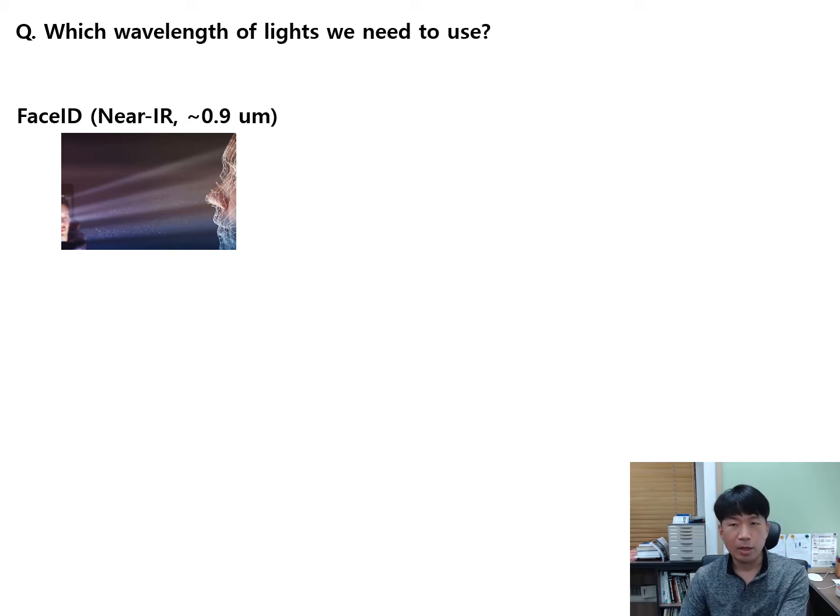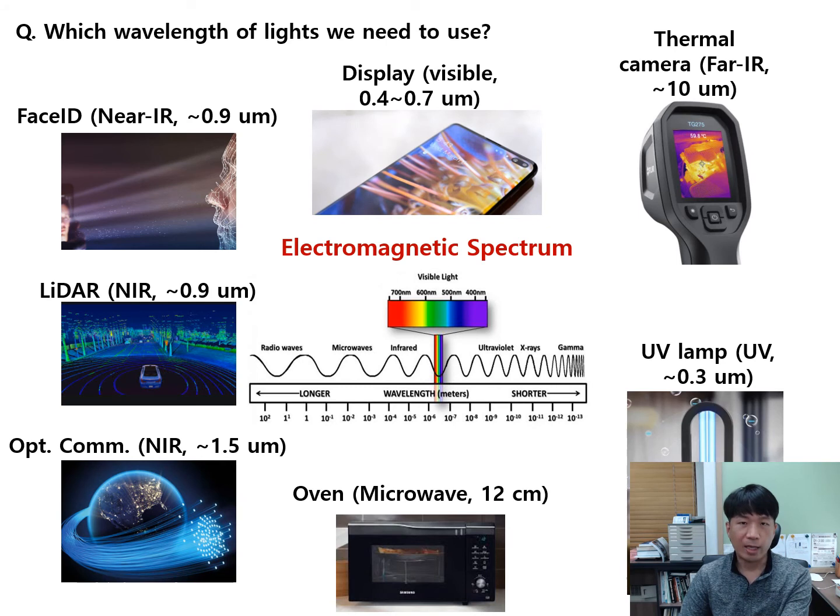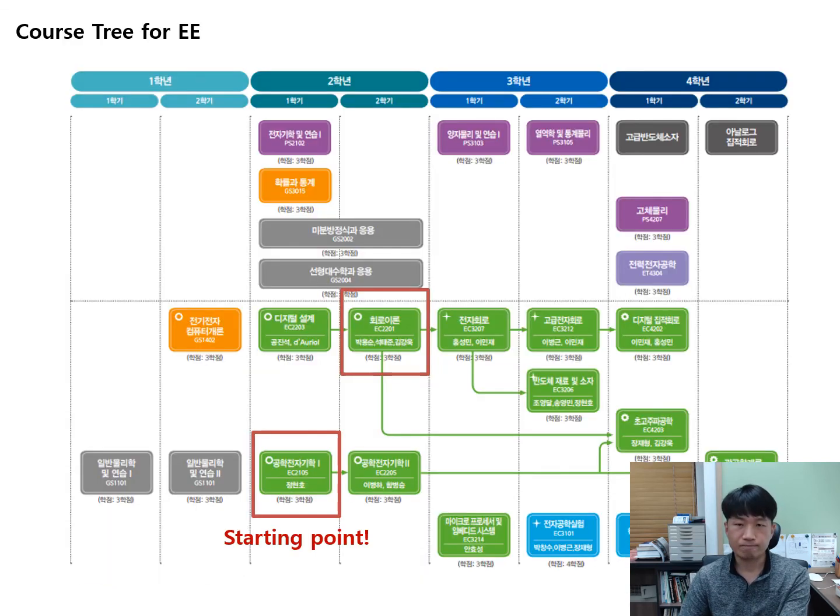On the other hand, when you look anywhere in our daily life, you could find many other electromagnetic waves, such as displays, thermal cameras, UV lamps, microwave ovens, lidars, and many others. It means that a comprehensive understanding of electromagnetic waves could be very useful to understand the world itself.